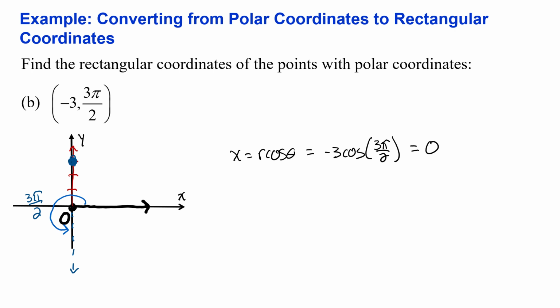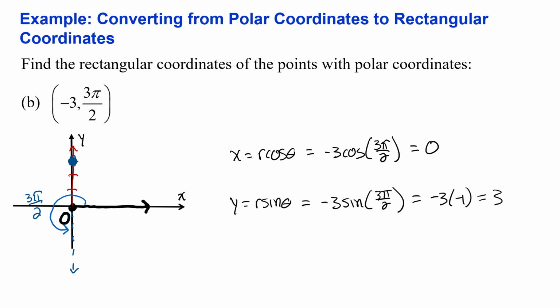Now to find the y-coordinate, we use the equation y equals r times sine of theta. Again, substituting r equals -3 and theta equals 3π/2, we get -3 times sine of 3π/2. This equals -3 times -1, which is +3.